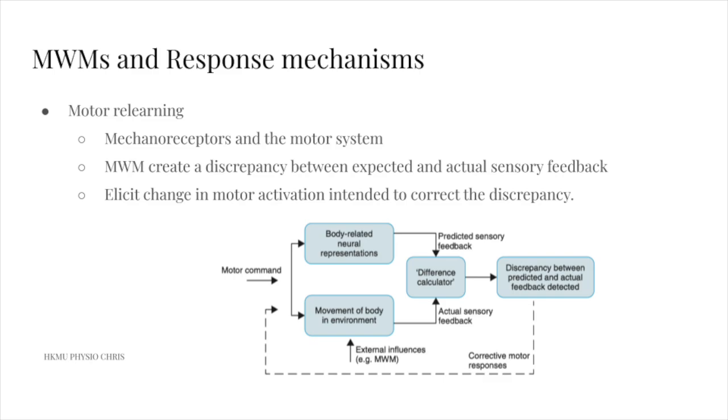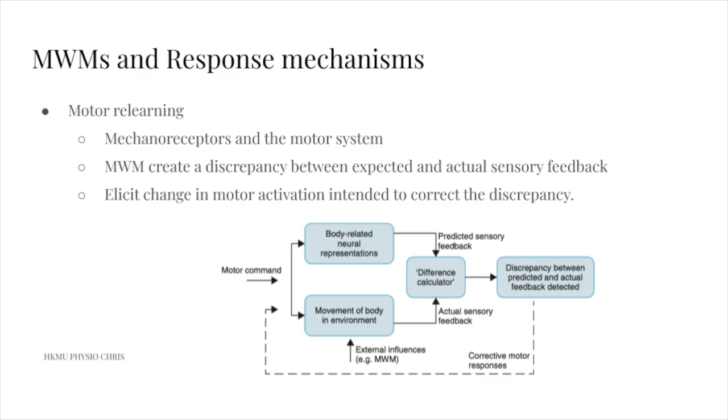The actual sensory feedback, the afferent copy of the proprioceptive map, is then referenced against this efferent copy, such that fine adjustments to motor activation can be made to realign actual and expected sensory feedback. This provides a pathway whereby changes in mechanosensory feedback might elicit changes in motor activation.